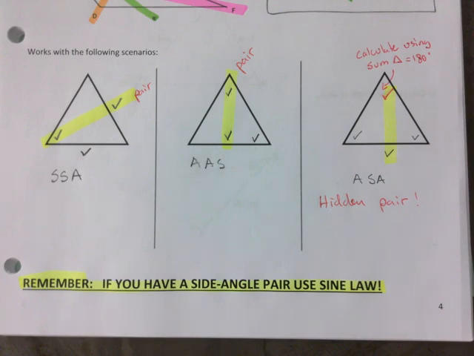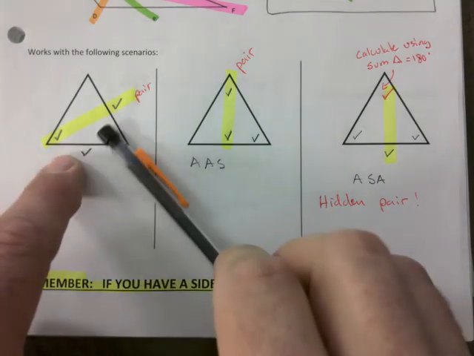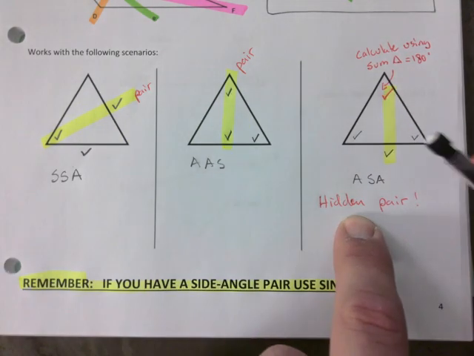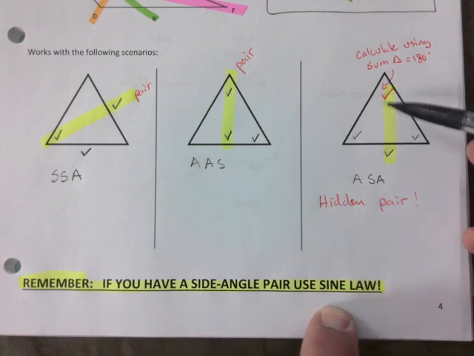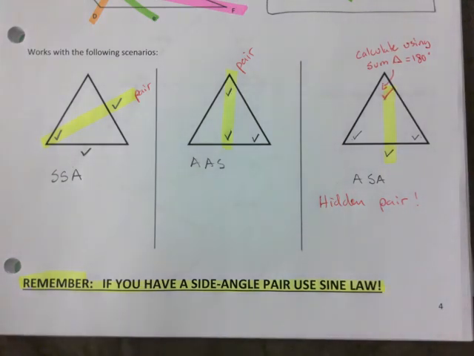If you have a pair, you're going to use sine law. Just remember that. It's obvious, not so obvious because you're not going to see the pair. But if you have two angles, you can easily find the third one. Always. Because we know that all angles add up to 180 in a triangle.